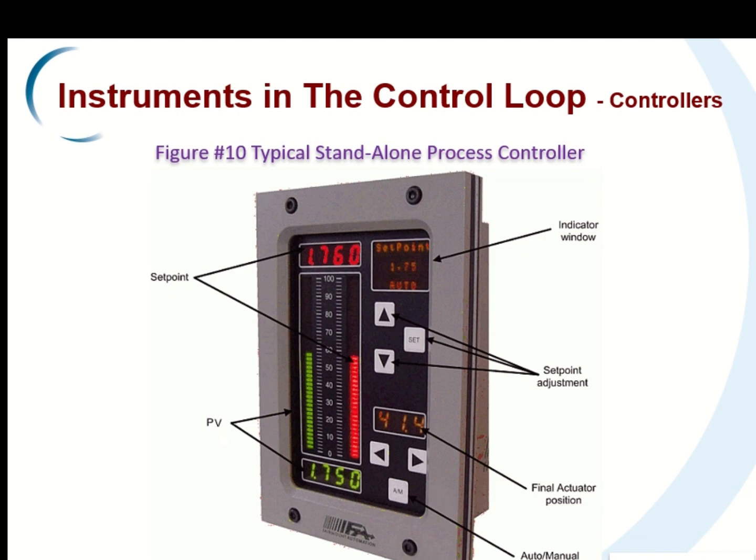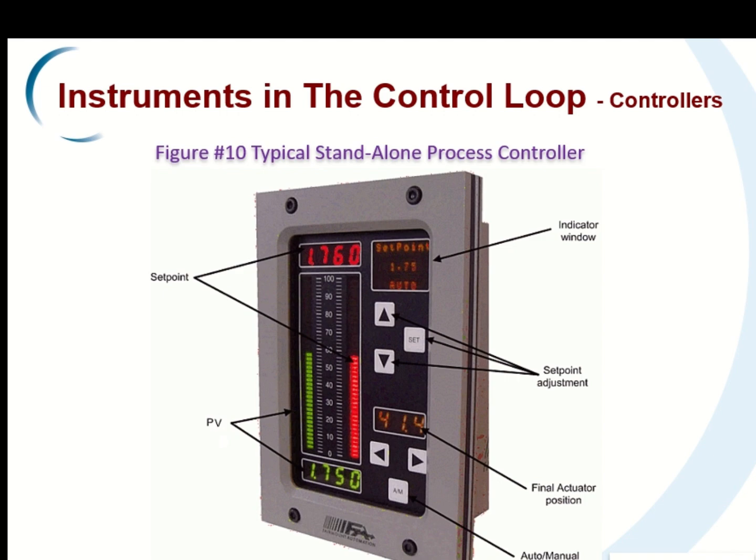In a standalone controller, the set point values are indicated in two ways. The first, shown in red, indicates the set point is at 58%. The second, shown in the red display, indicates the set point at 1.760, which is the actual units of the process. For example, it means 1.60 meters.